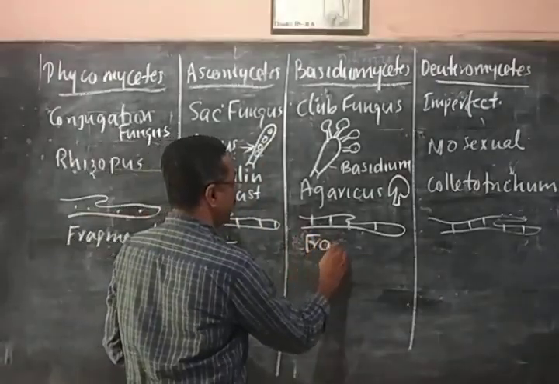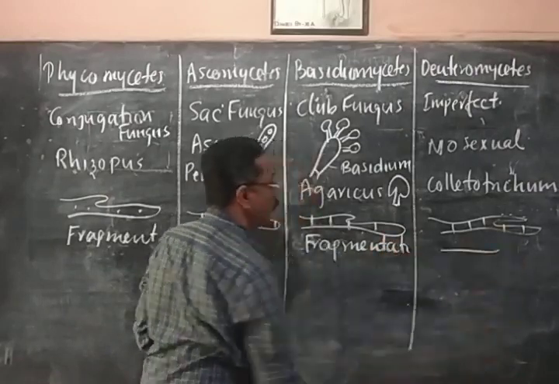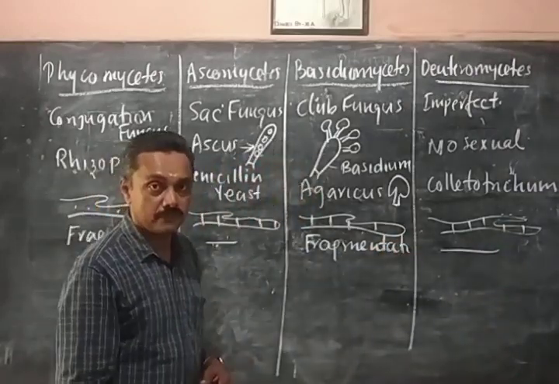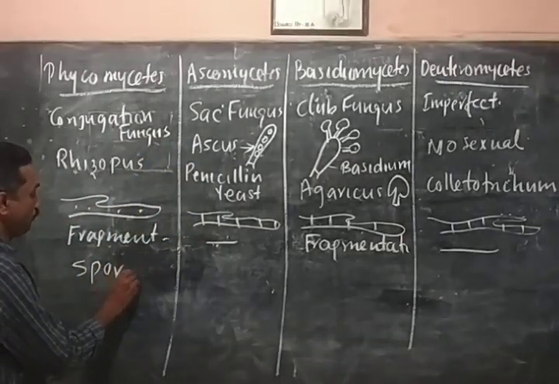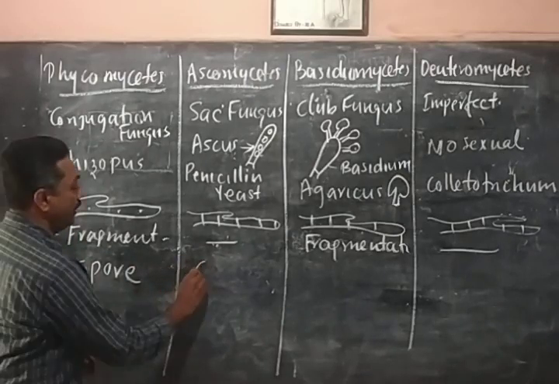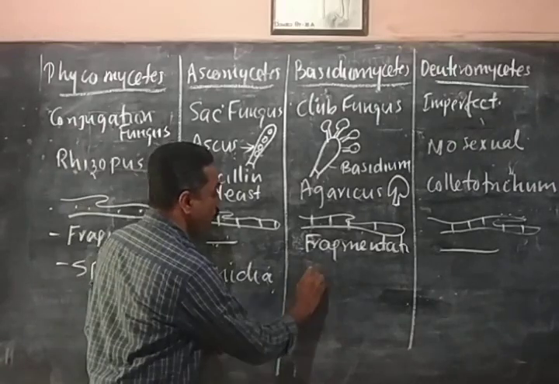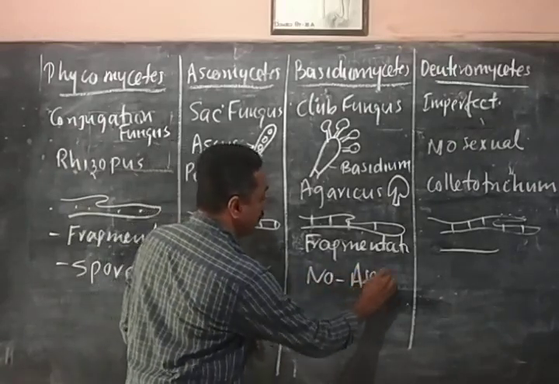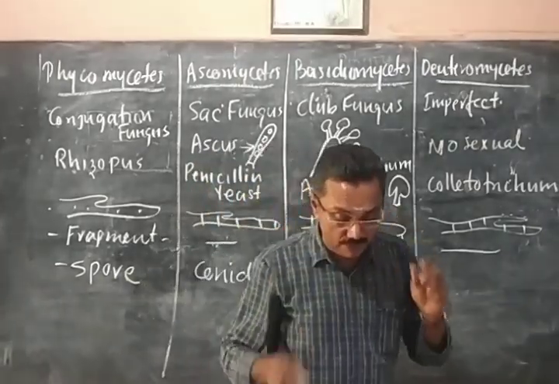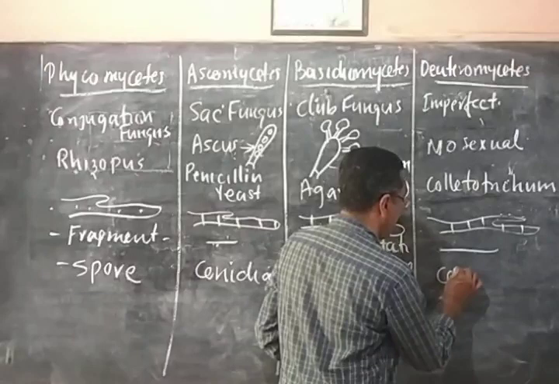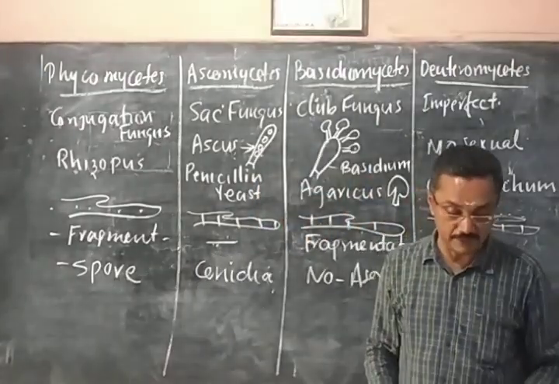Asexual reproduction takes place by spore formation, and here by conidia formation, and here there is no asexual reproduction. And in the fourth group, imperfect fungus, it takes place by conidia formation.